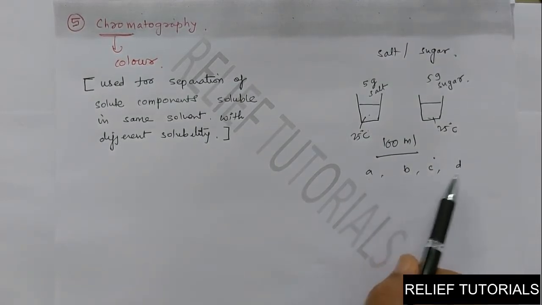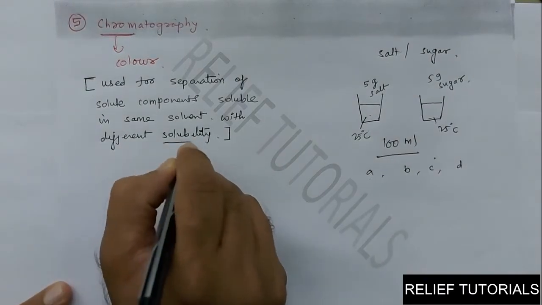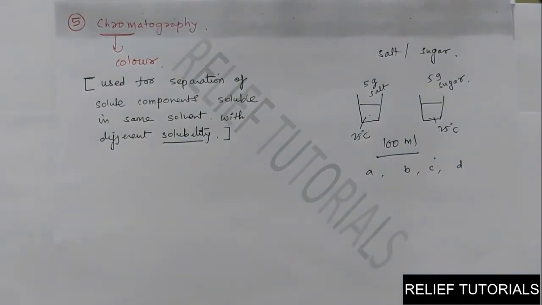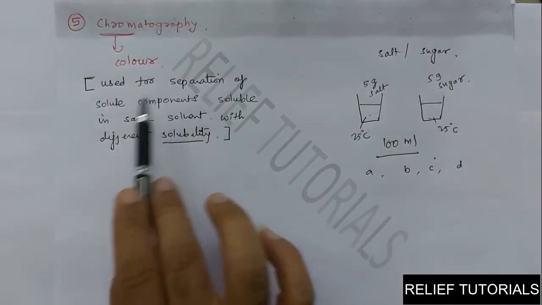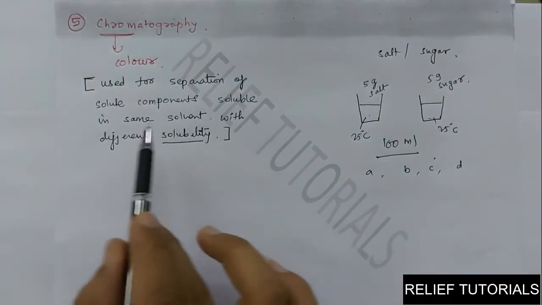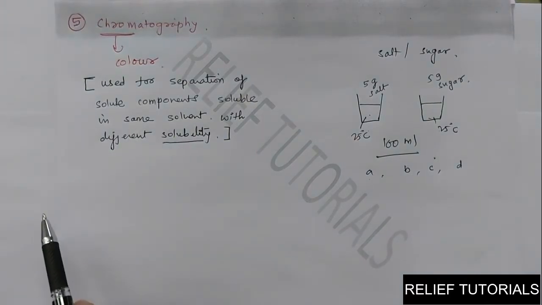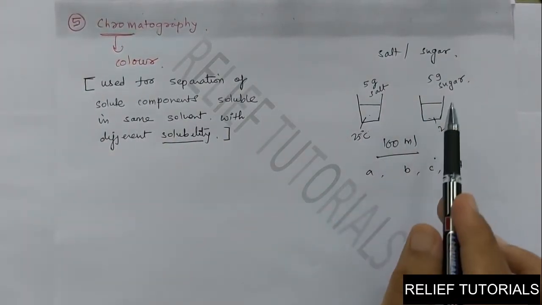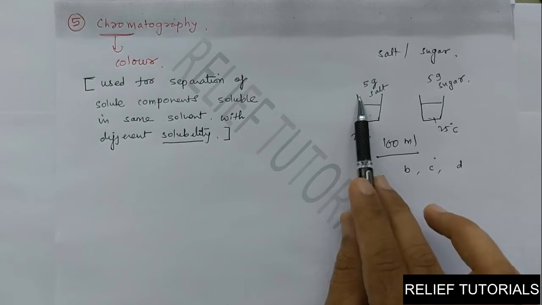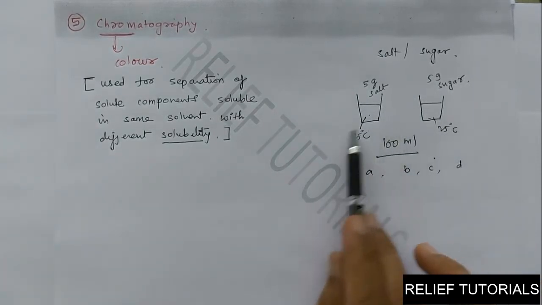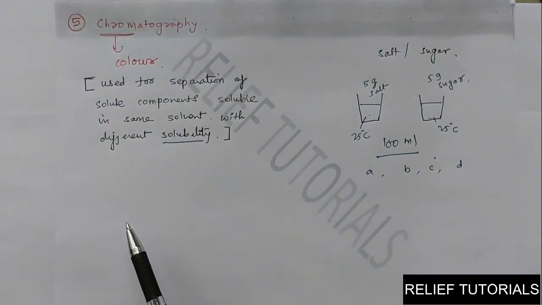Every substance has its own solubility, meaning speed to dissolve in the solvent. So this chromatography method is used for the separation of the solute components soluble in the same solvent. Salt and sugar are solute components which are soluble in the same solvent.